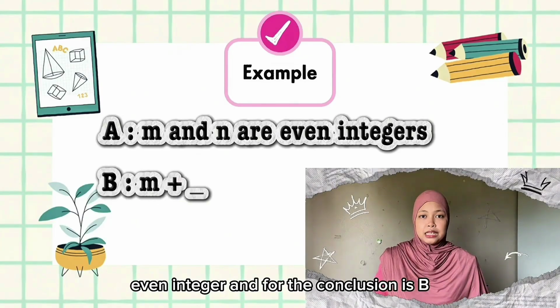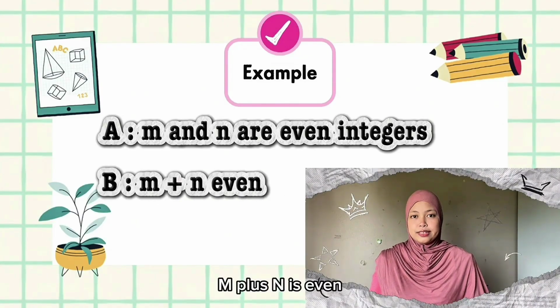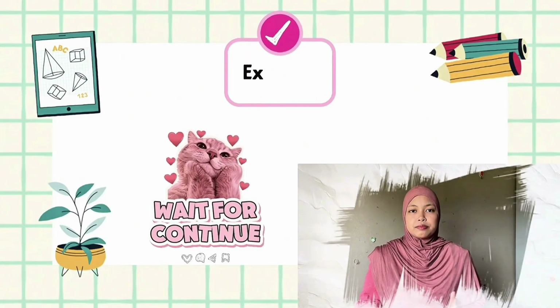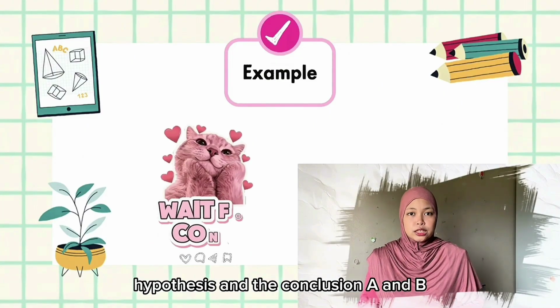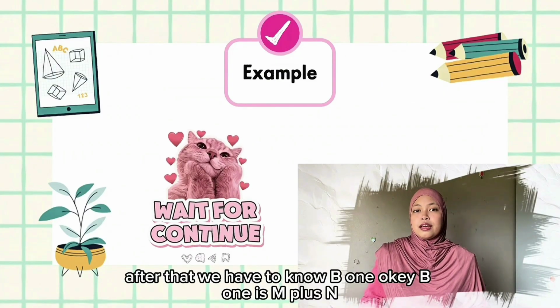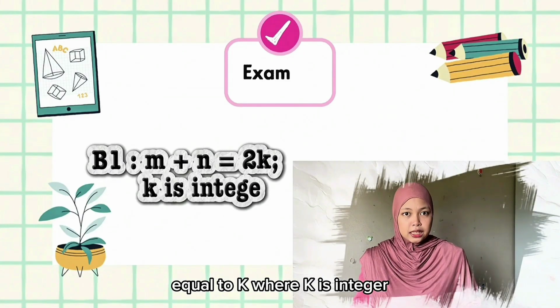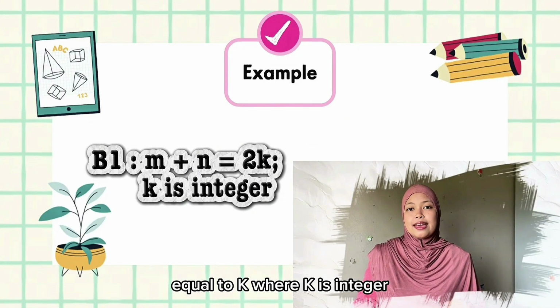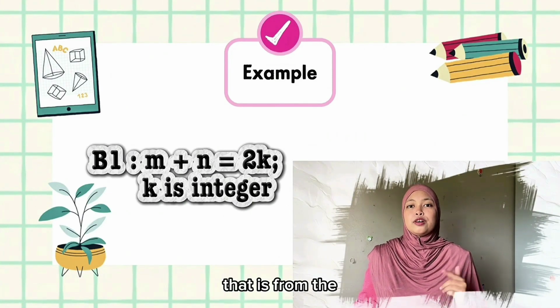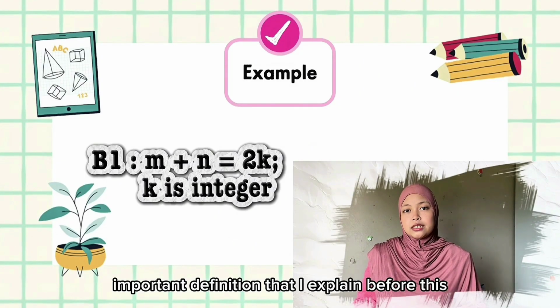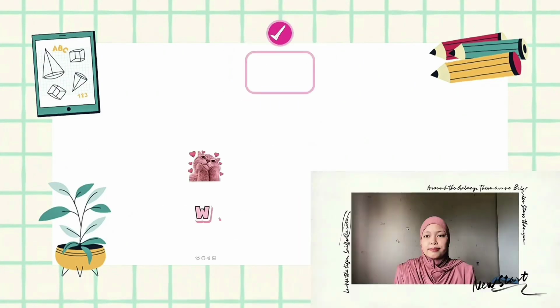The conclusion is B, m plus n is even. After we know A and B, we have to know B1. B1 is m plus n equal to 2k, where k is an integer. That is from the important definition that I explained before this.